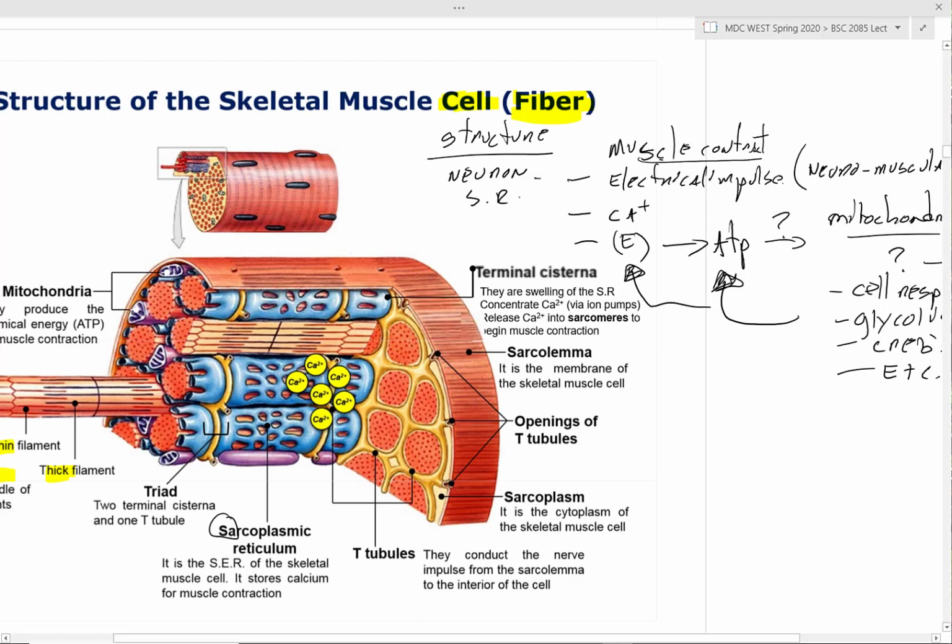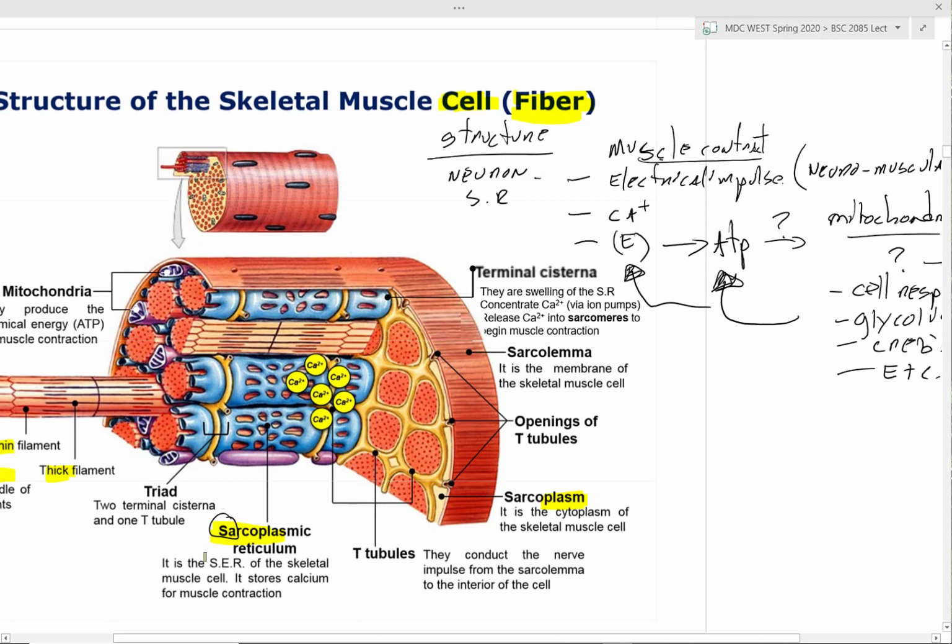Why do we call it sarcoplasmic? Do you remember that the inside of a cell, that whole fluid compartment, we call cytoplasm? Look, plasm. Do you see the word plasm? Now in the muscle, everything is going to be sarco. So sarcoplasm, and that's where this thing comes into play.